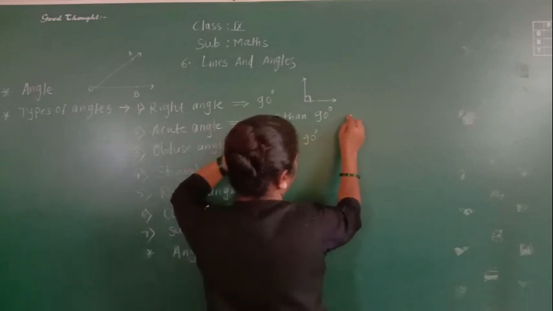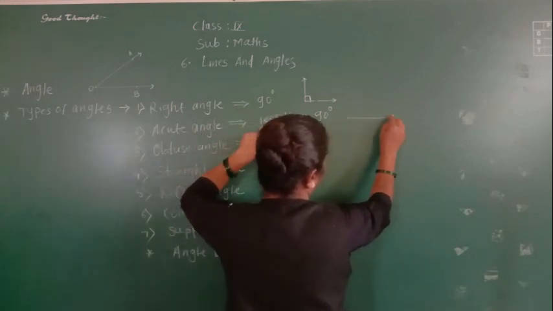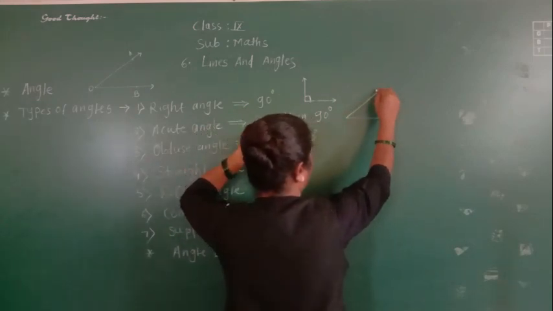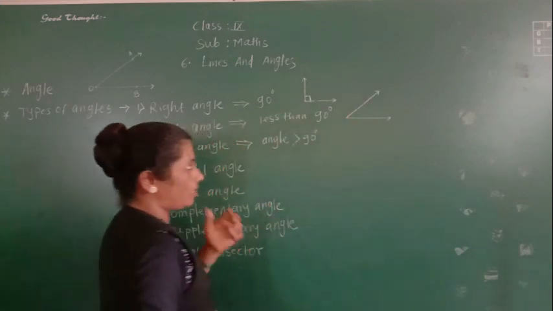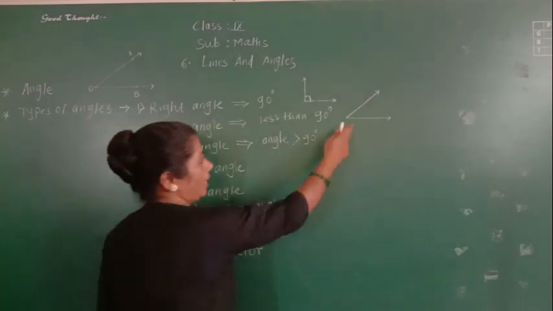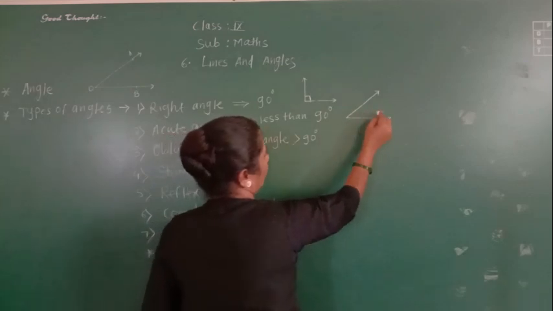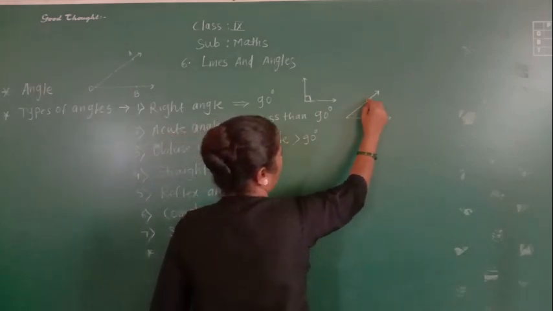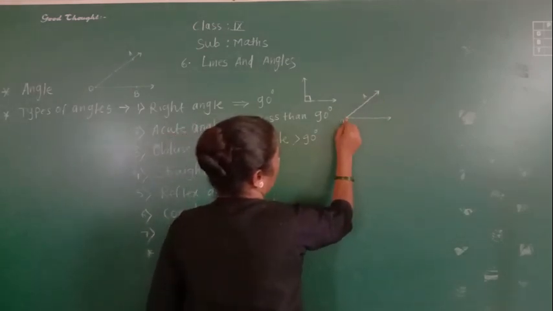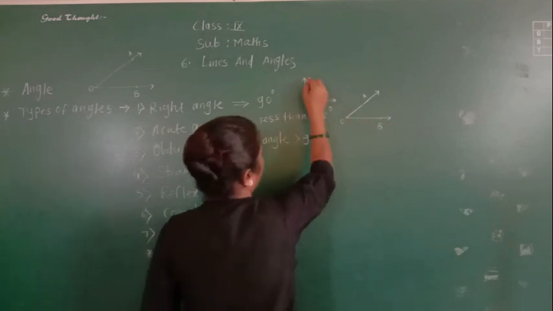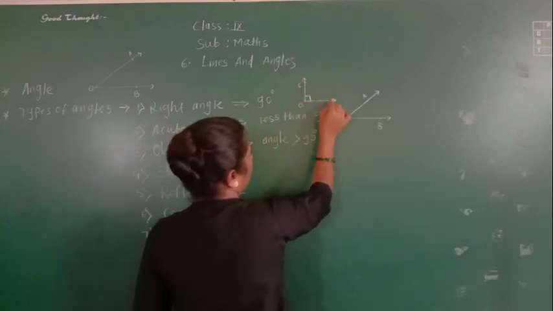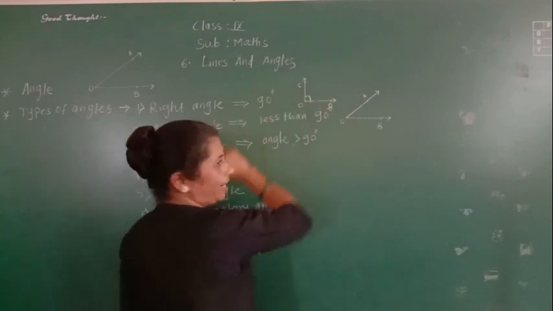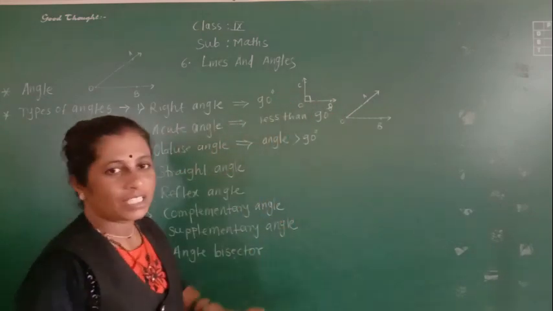Less than 90 degrees means an acute angle, so it will come like this. So this is less than 90 degrees, so this is an acute angle. Here we can give the name AOB. Suppose this is COD. COD is the right angle. Angle AOB is an acute angle.